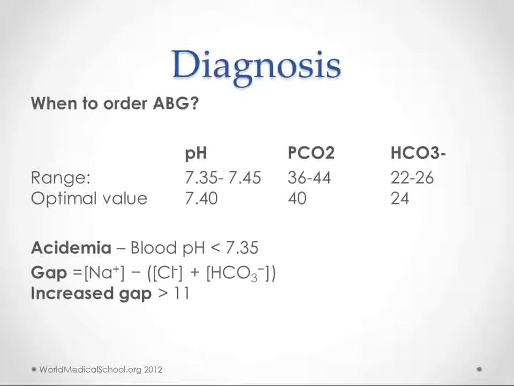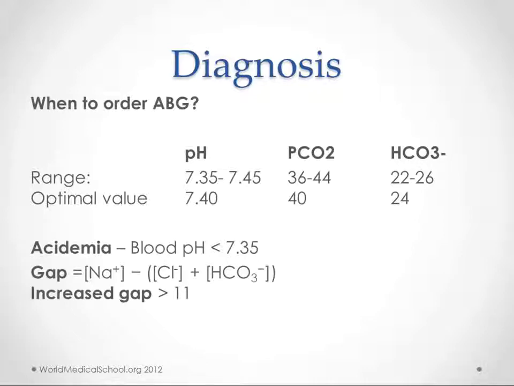So normal pH is around 7.4. Normal PCO2 is about 40, and normal bicarb is about 24. And we'll talk about how to use these numbers to differentiate between a respiratory and metabolic acidosis.